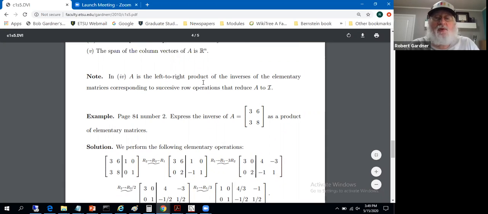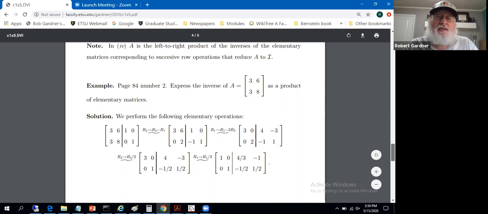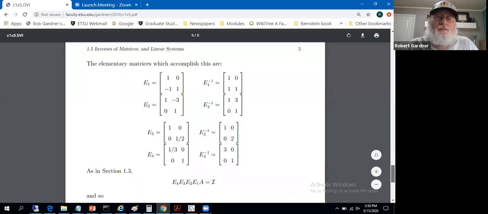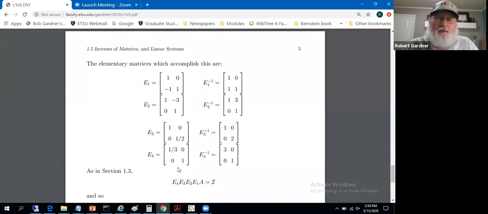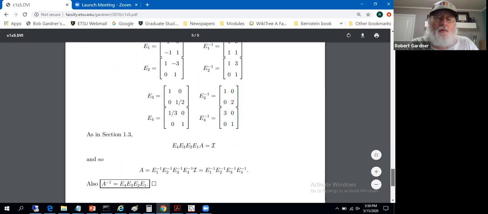A is the left to right product of the inverses of the elementary matrices corresponding to successive row operations that reduce A to I. The successive row operations are these four things right here. The elementary matrices corresponding to them are E1 through E4. And the word inverse was in there. The inverses are E1 inverse through E4 inverse. So that's what that means.